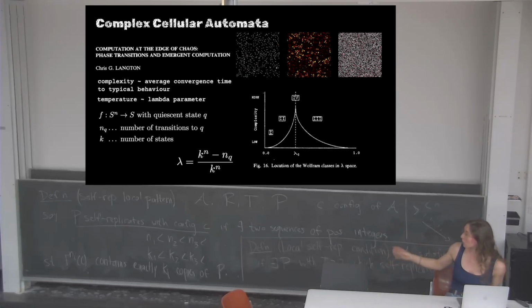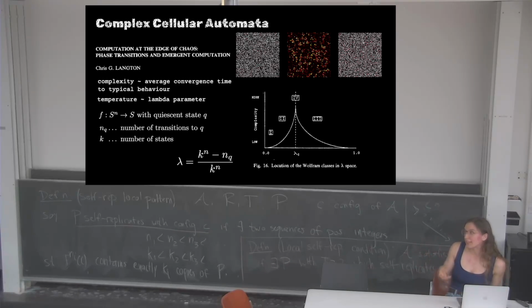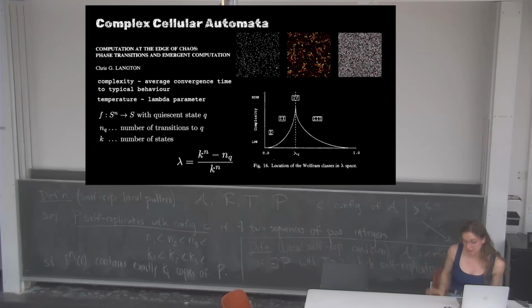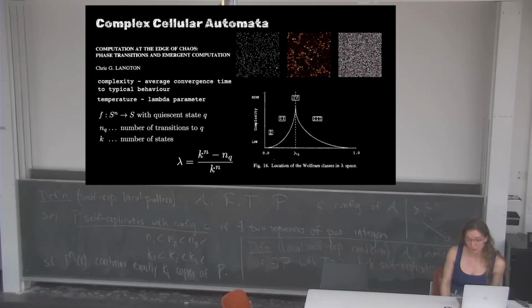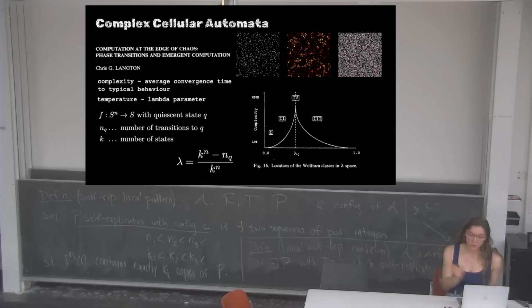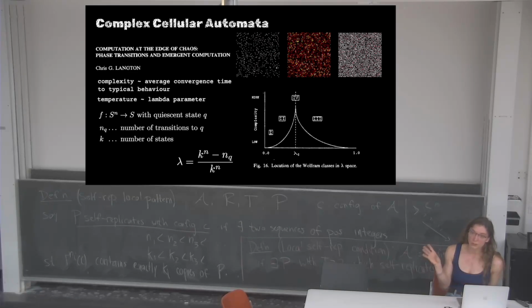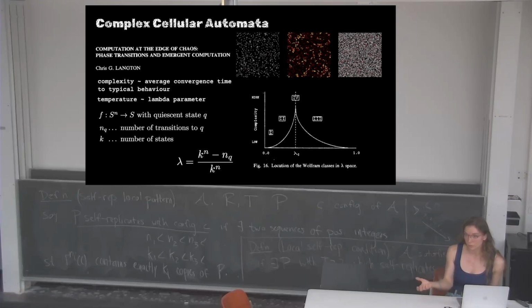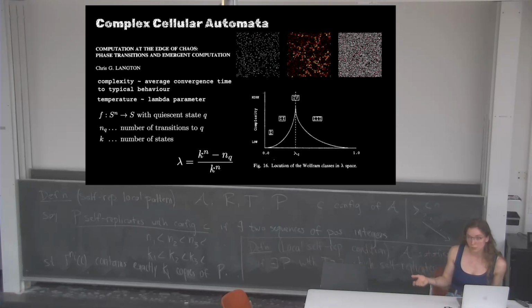So essentially, the chaotic behavior could roughly be contained in the region of lambda being 1/2. And you can also imagine that if lambda is very close to 0, essentially almost all inputs immediately go to 0. So it is very improbable that any activity will sustain in the grid for long.